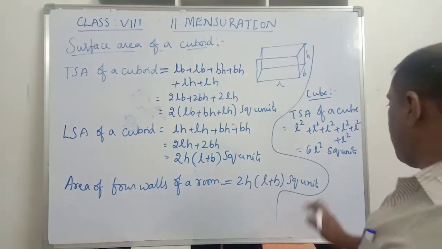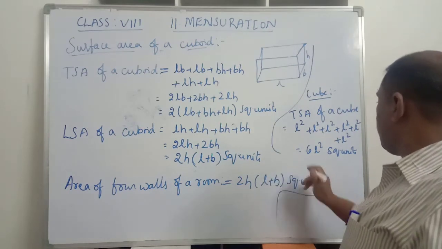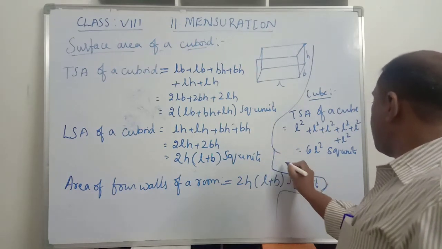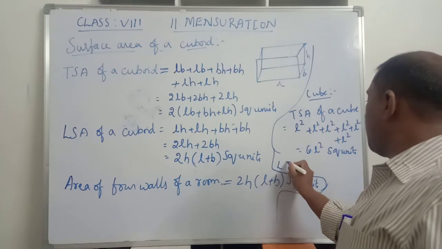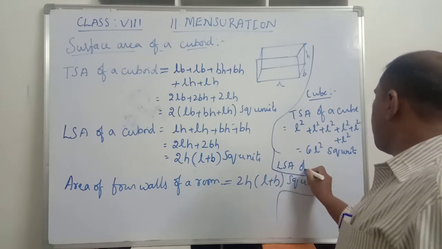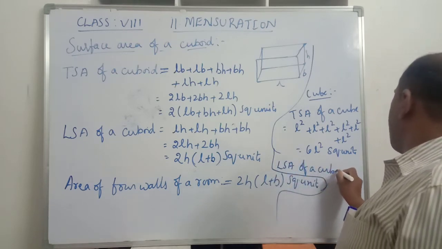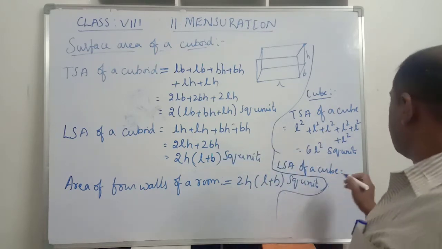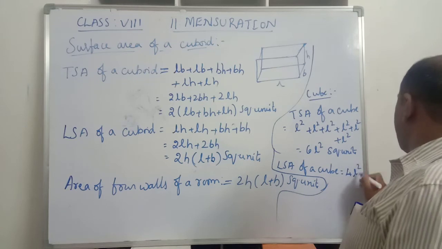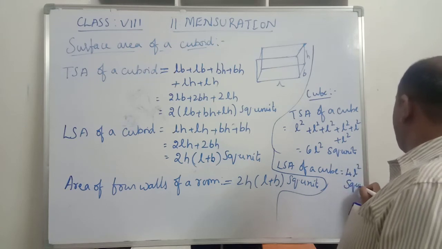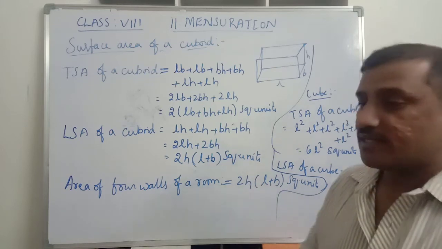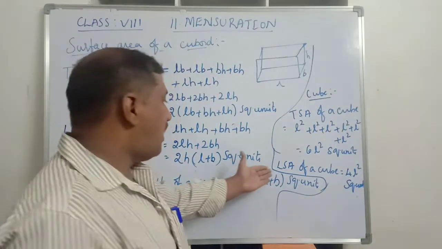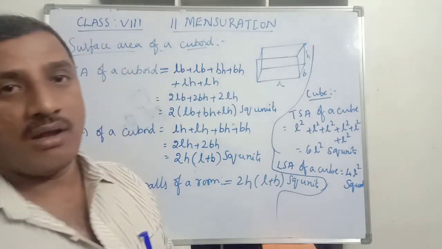Now TSA of a cube is done. LSA of a cube is equal to, here only 4 surfaces will be there. Top and bottom surfaces won't be there. Therefore 4 L square units is the LSA, that is lateral surface area of a cube.